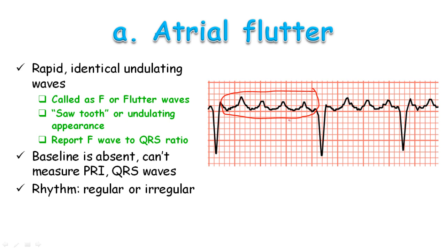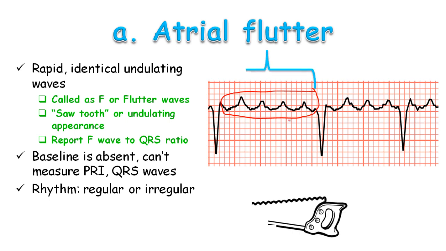This kind of wave has a short tooth or undulating appearance, similar to a sharp blade, and you can see the F waves to QRS ratio.